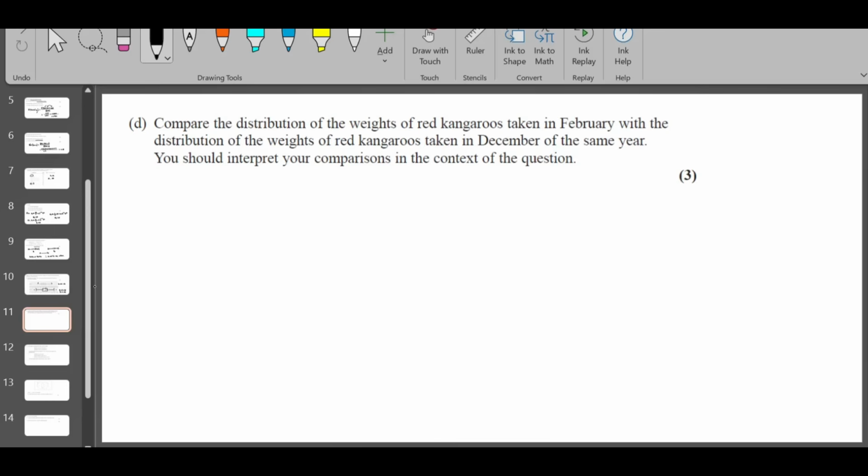That indicates more variation in weights in December. So overall, the kangaroos are heavier and their weights are more spread out in December compared to February. That's how you write. You need to make your own sentences and write.